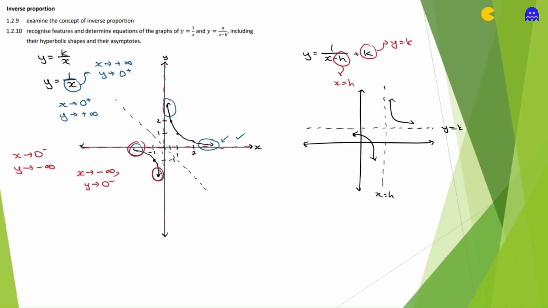Okay? Now, the important things we are going to need to be able to graph. The easiest things to extract from any graph of a hyperbola are the asymptotes. That'll be this line here and this line here. Once we've done that, the other important points are the y-intercept and the x-intercept, giving us 1, 2, 3, 4 marks. And finally, the shape.